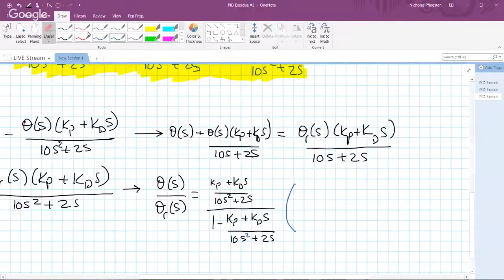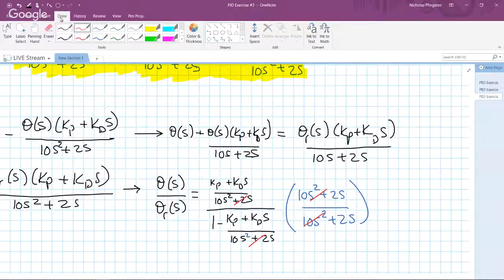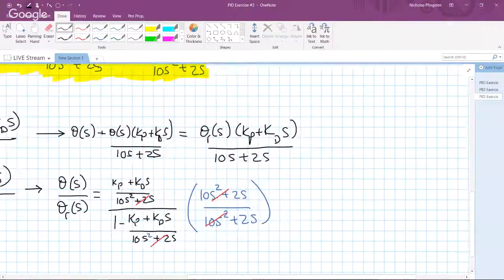Pardon the language. So it should be 10S squared plus 2S all over 10S squared plus 2S. And we see that these guys cancel out mostly, because you know that 1 does get multiplied by the 10S squared plus 2S. We know that.